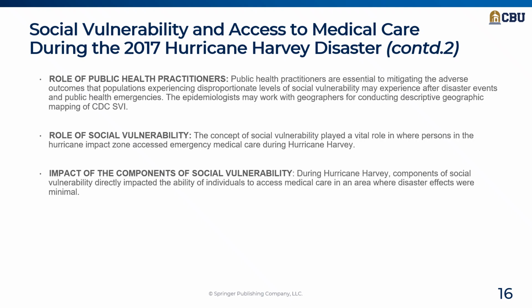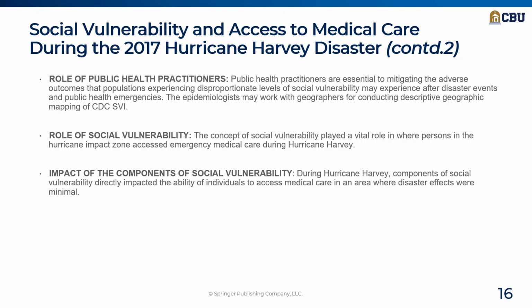You can look at, okay, these areas are vulnerable. What is it exactly? Is it income, housing, transportation? Which of these factors is most relevant? And try to mediate the effects of that on the communities that are involved. So public health policy and disaster management professionals use this information to identify where to put resources.